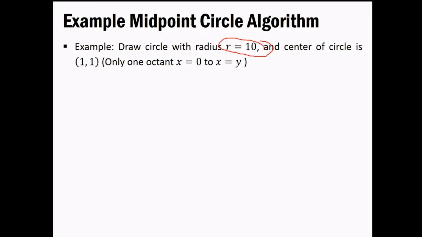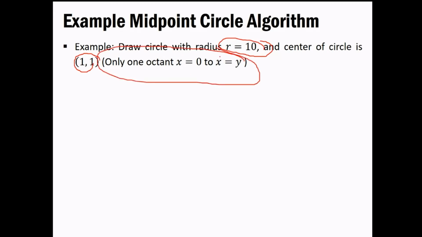You have to keep one thing in mind. Many students make this mistake: they do it for center (0, 0), and they don't add this (1, 1) to the pixel position. Once you finish calculating for center (0, 0), you have to add this to each and every pixel. We'll see a complete example so that you get an idea.